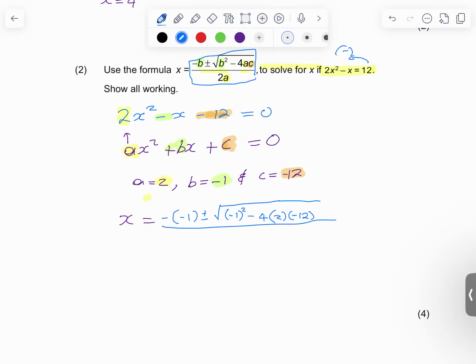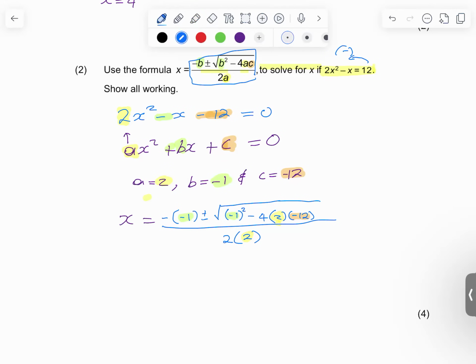This is divided by 2, where there's a, you substitute 2, and that's exactly what I have done. Wherever there's b, I substituted -1. Wherever there is a, I substituted 2. And wherever there is c, I substituted -12.